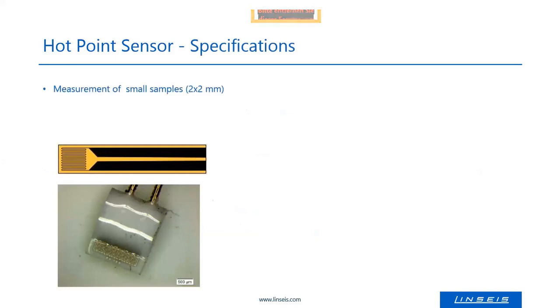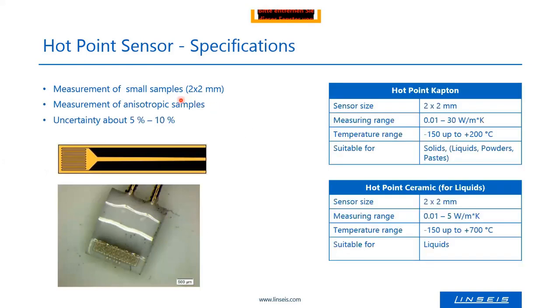The specifications of the hotpoint sensor: it was designed mainly for small samples, down to 2 by 2 millimeter. It can be used also for anisotropic samples, which is quite useful.